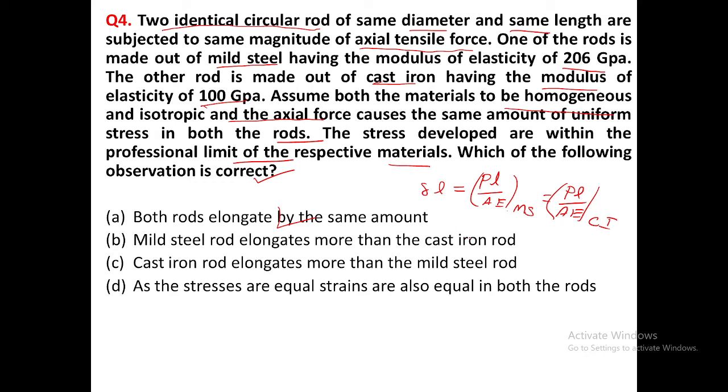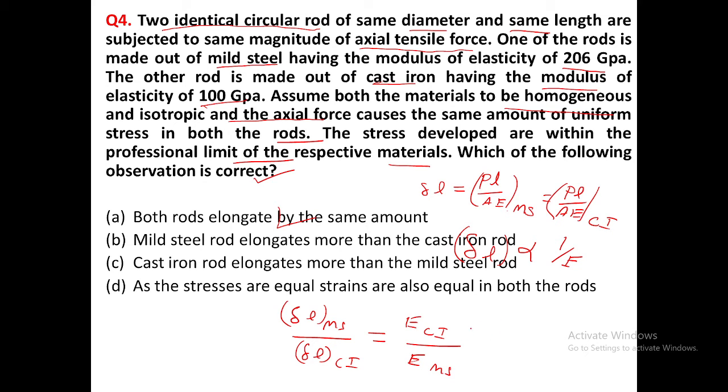In this, del L is directly proportional to 1 by E. So del L of mild steel divided by del L of cast iron equals Young's modulus of cast iron divided by Young's modulus of mild steel, so 100 divided by 206.